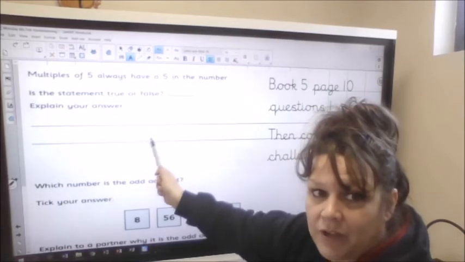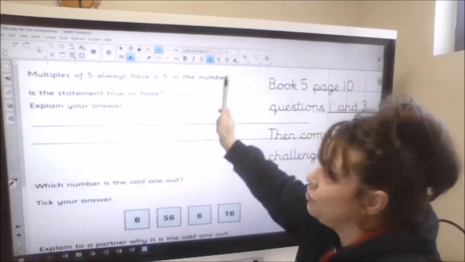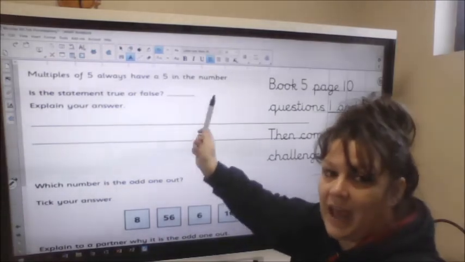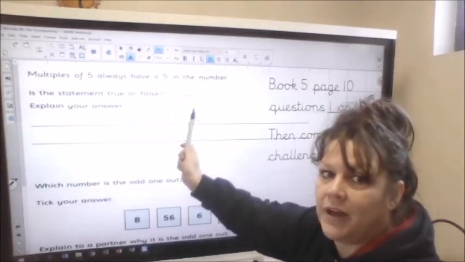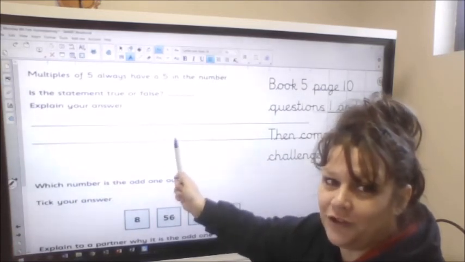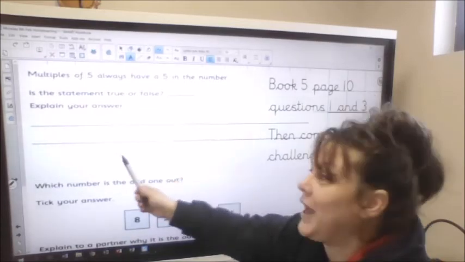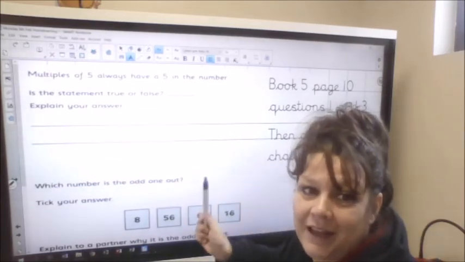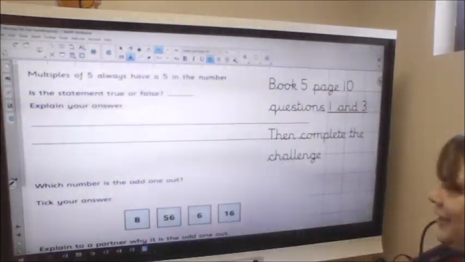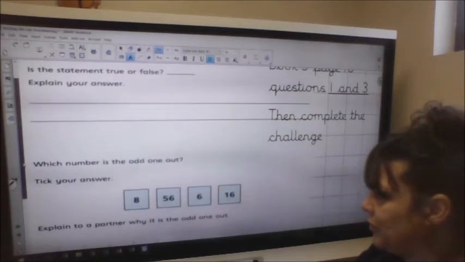So look at your 5 times table and then tell me, do multiples of 5, every single number in the 5 times table, does that end in 5? If it doesn't, then it's false. If it does, it's true, and you need to explain that. And then the last question is, which number is the odd one out?